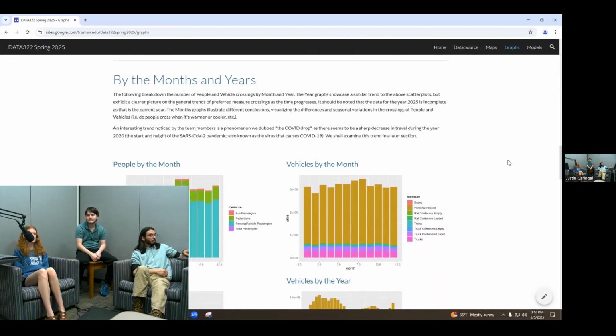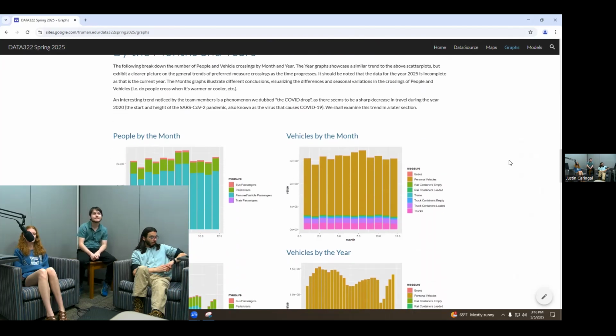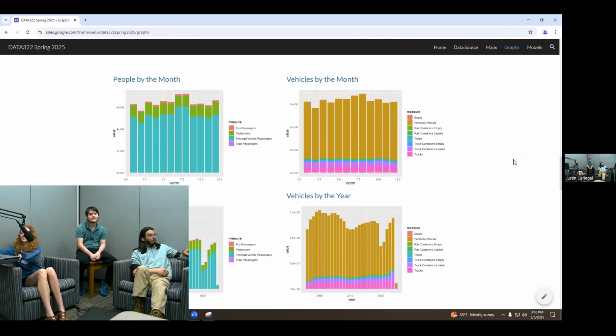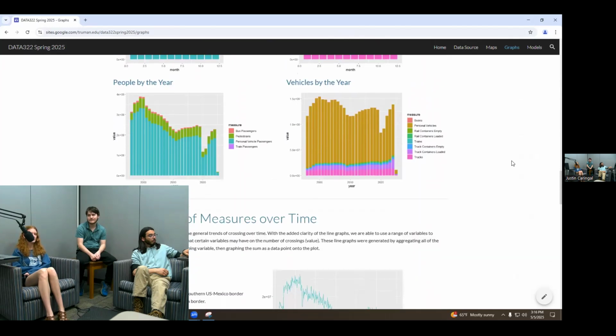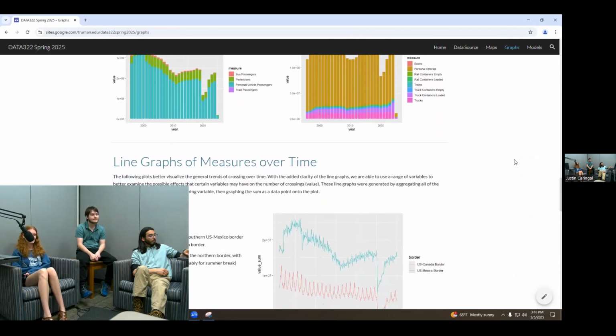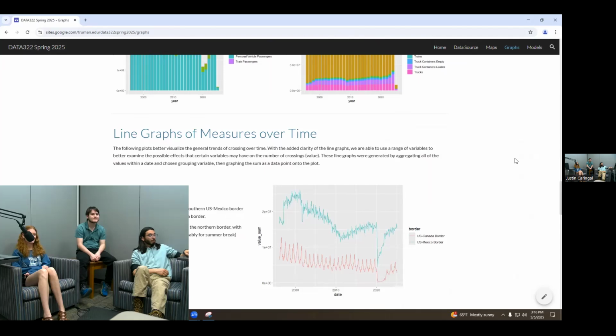We can see that personal vehicle passengers, at least for people, are the highest amount. Personal vehicles are obviously the highest by month as well. We see that reflected in both the month and the year. The aggregator collated and broke it down by measure, for both vehicles and people.